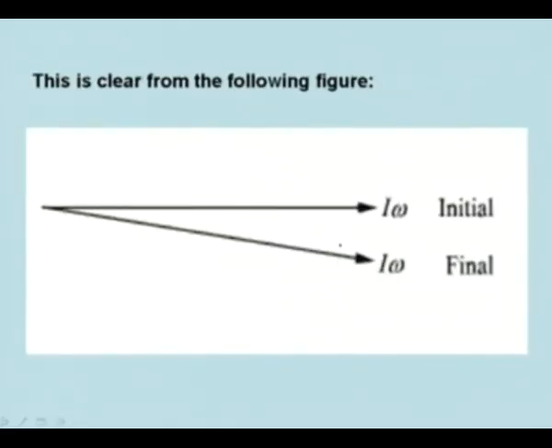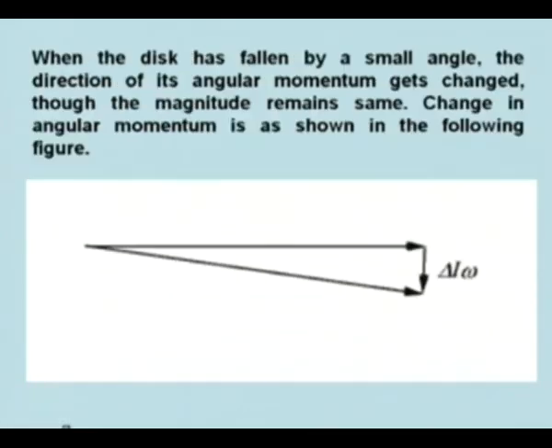This is clear from this figure. Because the spinning rotor has angular momentum, and initially its angular momentum is like this, I omega, and after it has slightly tilted, meaning it started falling, the rotor has moved down, therefore finally it goes like this.